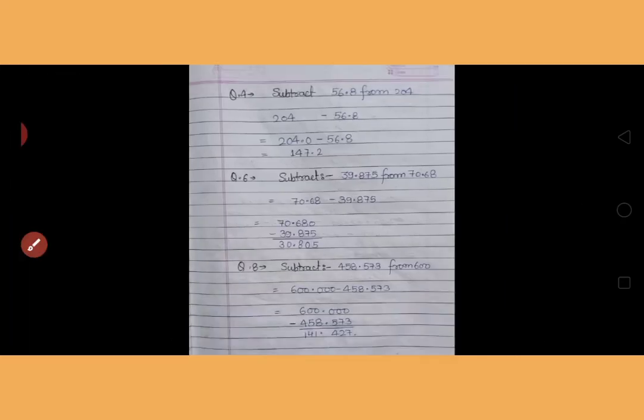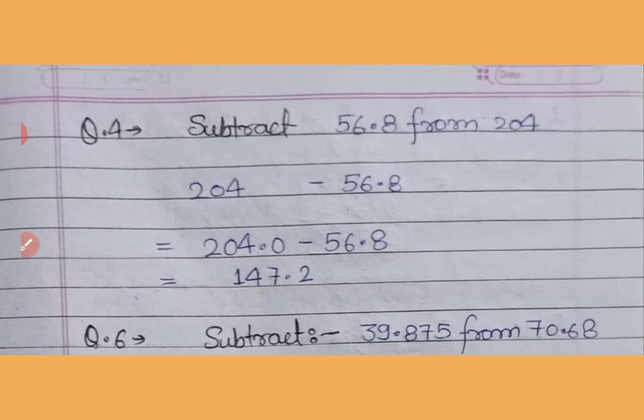In the next question, the same pattern is given but a different thing is given. It is a direct whole number subtracting a decimal. If a whole number is given, then we have to put a decimal point and after it put the number of zeros needed to make it like decimals. Like it has given 56.8 subtract from 204.